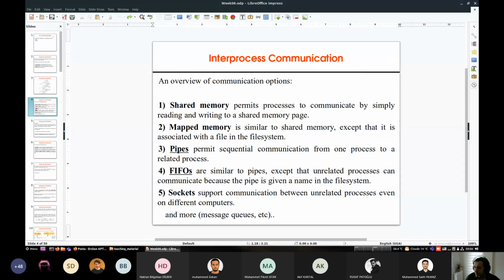And then we have sockets, which have a very important advantage with respect to all the other methods, and that is that sockets are the only mechanism available for communicating between unrelated processes on different computers. Because all the other methods only allow communication between processes executed on the same computer.